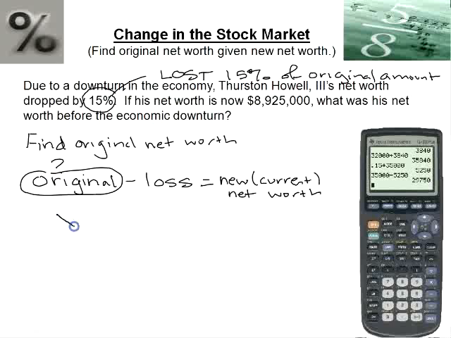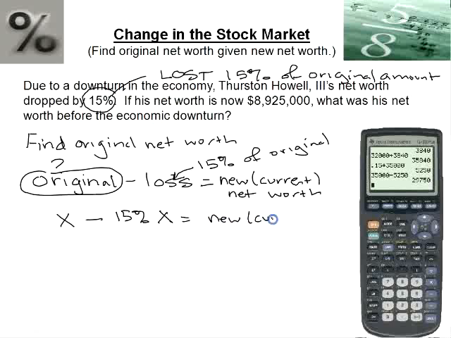In a math class, the great unknown is called X. So his original amount, X, his original worth, minus his loss. Well, his loss is 15% of the original. So that's 15% of X is equal to his new current net worth.